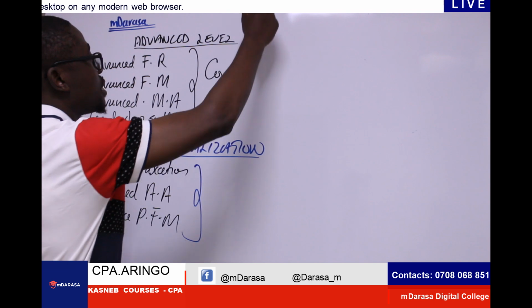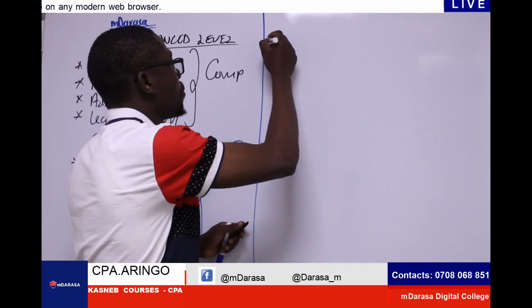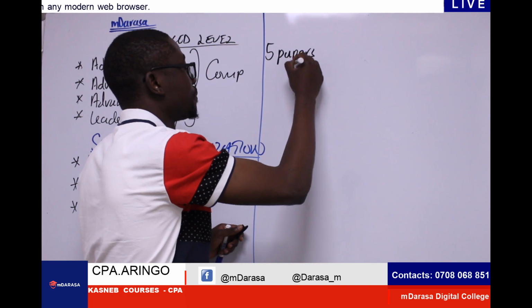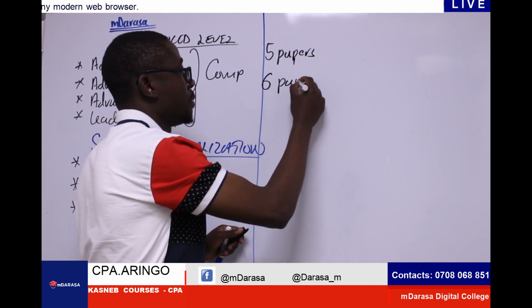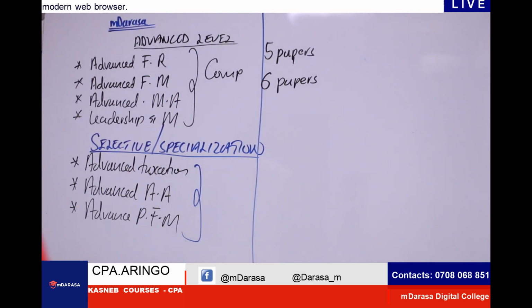So this is to say, in advanced level, you can do a minimum of 5 papers, or you can do a maximum of 6 papers, depending on the number of selective papers that you have picked.